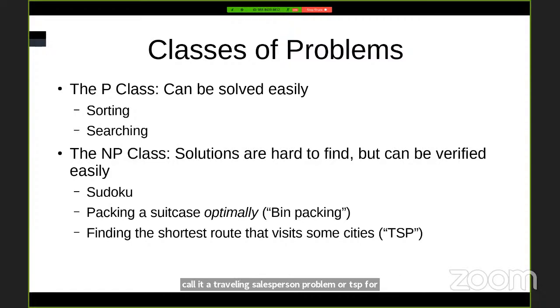One of the biggest open questions in computer science theory is whether the class of problems that can be solved easily, P, is the same as the class of problems whose solutions are hard to find but can be verified easily, that is NP. Our intuition is no, P does not equal NP, but we don't have a proof. It's an open question whether P equals NP or P does not equal NP.